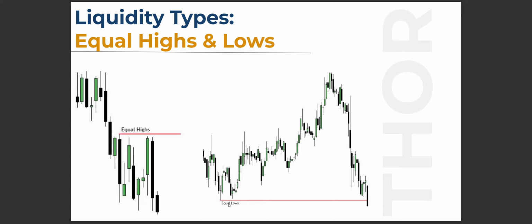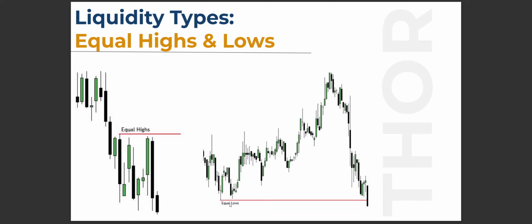And on the equal lows, same deal. Whenever you see swing lows forming in close proximity to each other, that's what we refer to as equal lows. There are sell stops residing here. Whenever the market comes back into an old low without engaging with it, that generates even more liquidity at that low.